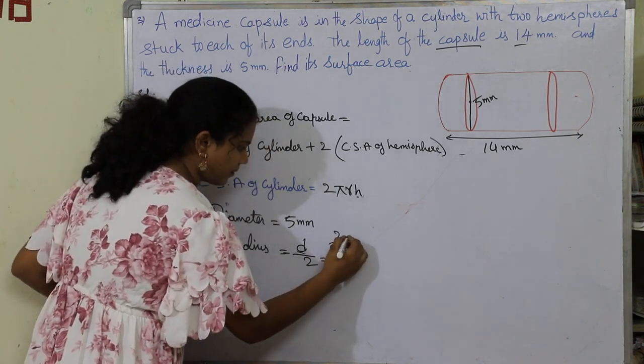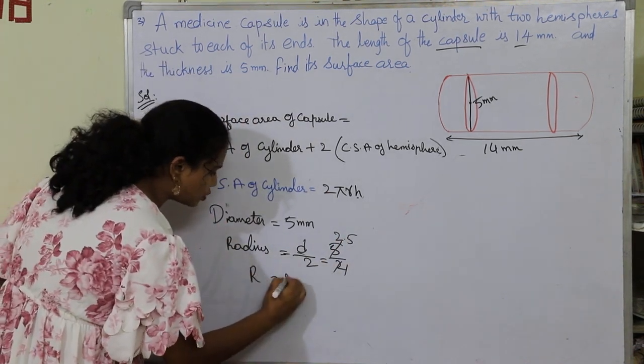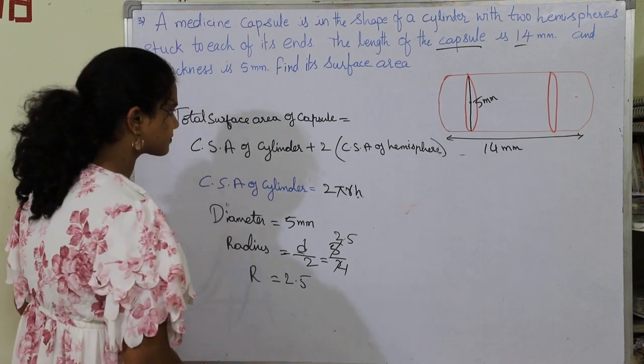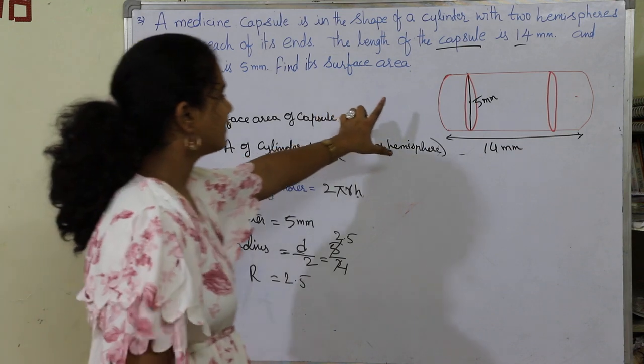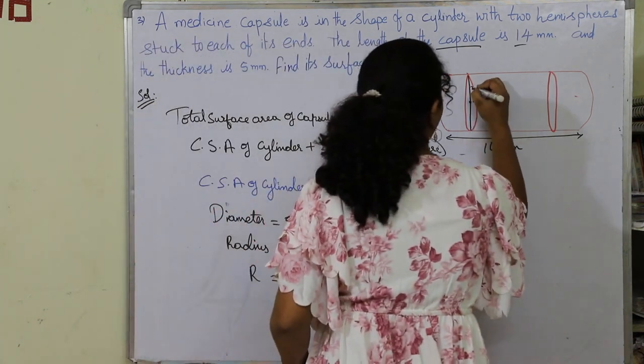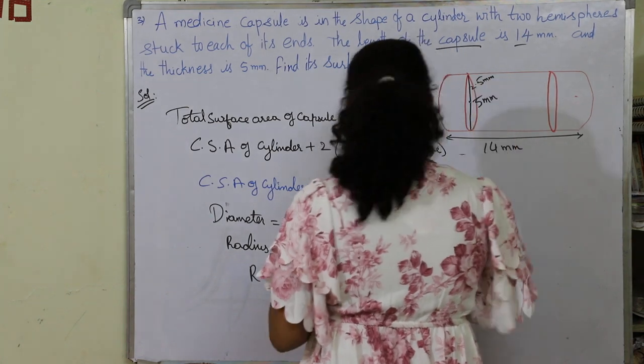So let me write 2.5. Therefore r equals 2.5. I got the radius of this given hemisphere as 2.5 millimeters.